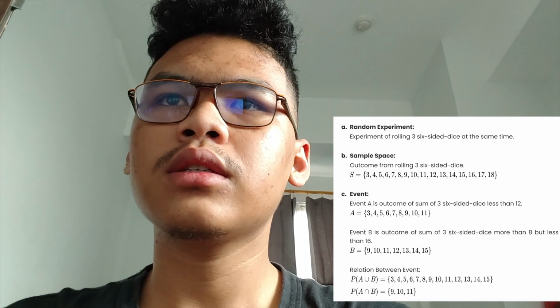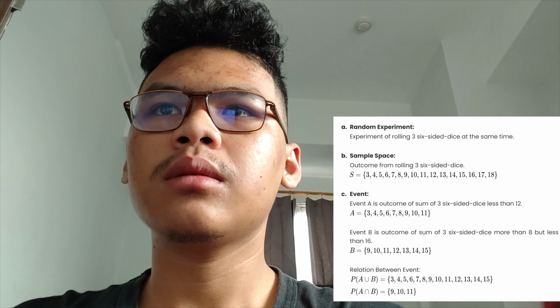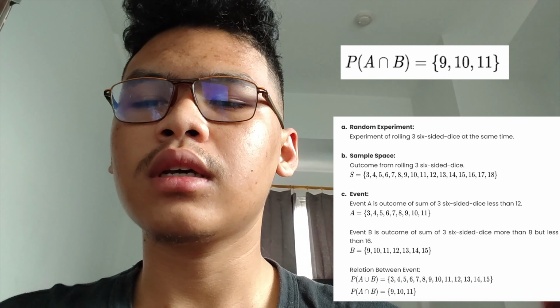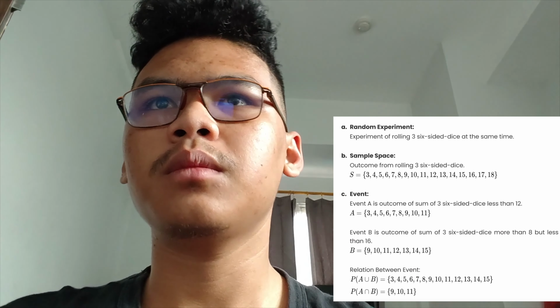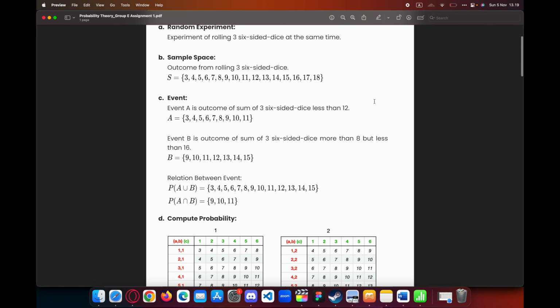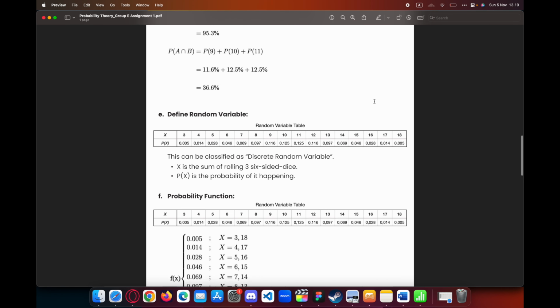The second relation is A intersection B, and the sample space is 9, 10 and 11. So I think that's all from me. Next, D and E will be explained by Laode.